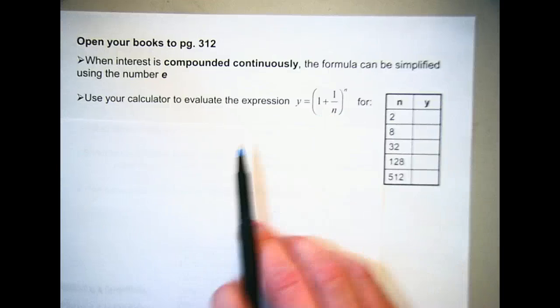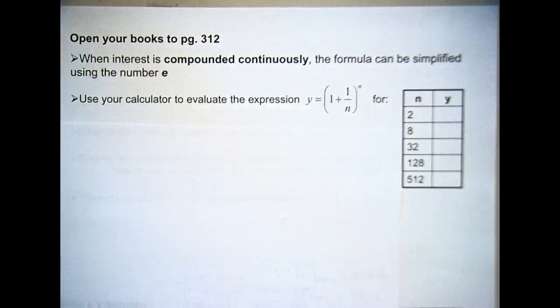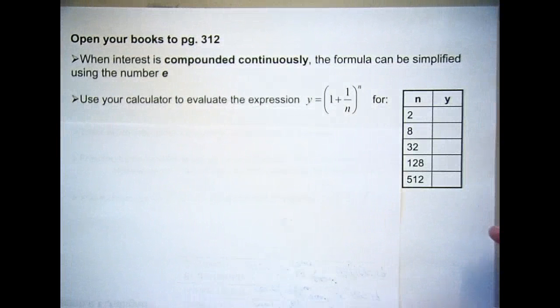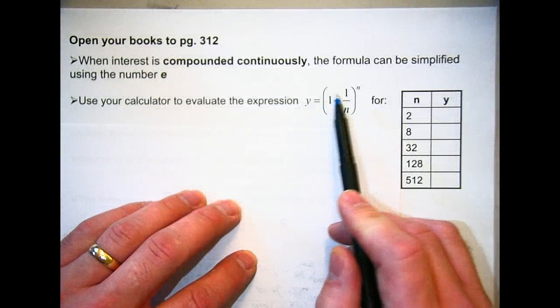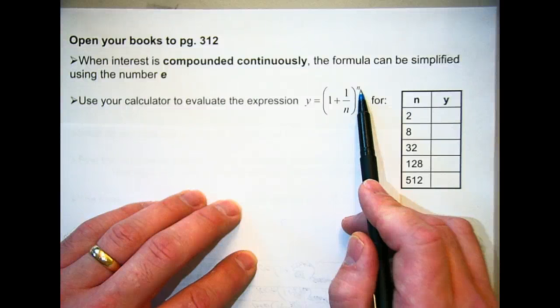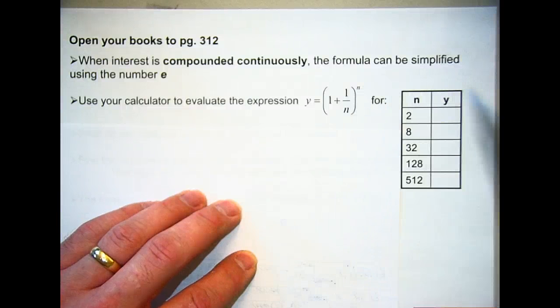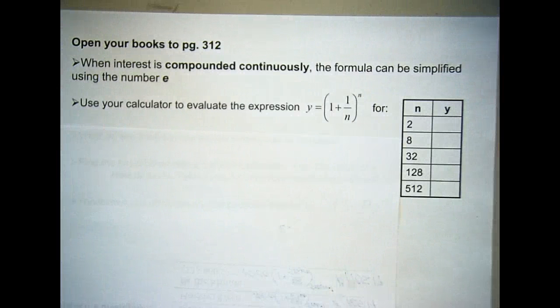We're going to use this formula right here: y equals 1 plus 1 over n, all to the nth power. Really, we're making our principal 1, our rate 1, and our t equal 1. We're ignoring principal, rate, and number of years, and focusing just on the influence of the number of compounding periods.